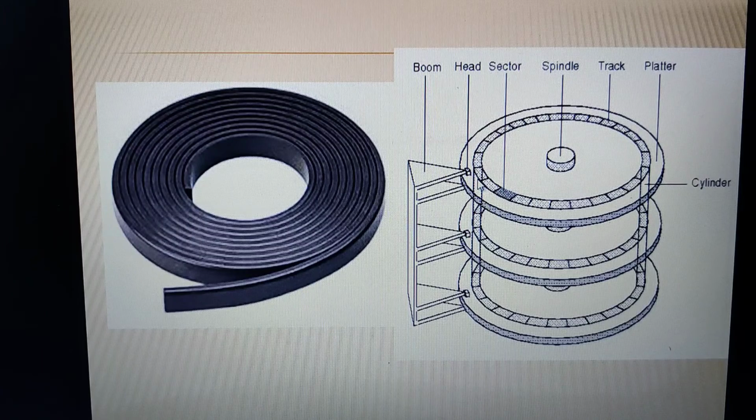Now data is stored in terms of frames across the width of the tape. That means, you can see here, the width of this tape is this much, right? So the data is recorded across the complete width of the tape, where these frames are grouped into blocks and separated from each other by gaps.